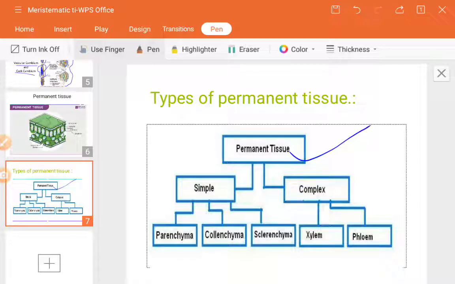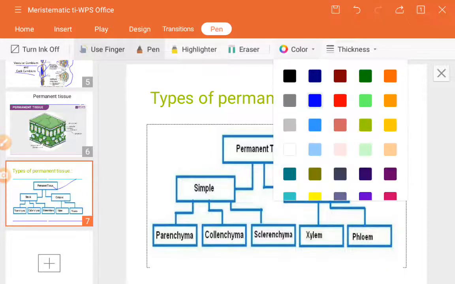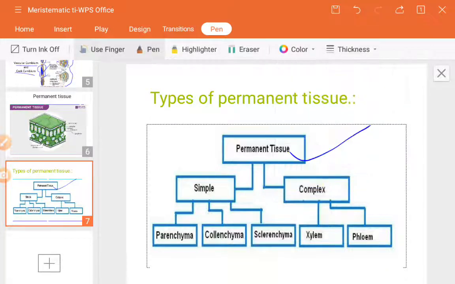Again the permanent tissue is divided into the first one as simple, and the second one as complex permanent tissue. Simple permanent tissue and complex permanent tissue are again divided. Simple is divided into the parenchyma, the collenchyma and the sclerenchyma.